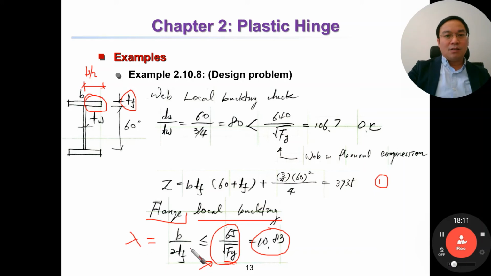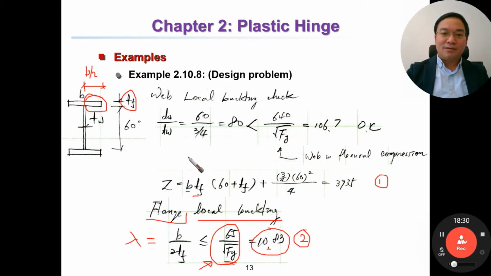And lambda should be smaller than this one. So it is the second condition. Okay, so we have two equations with two unknowns. Then we can solve very easily, right?